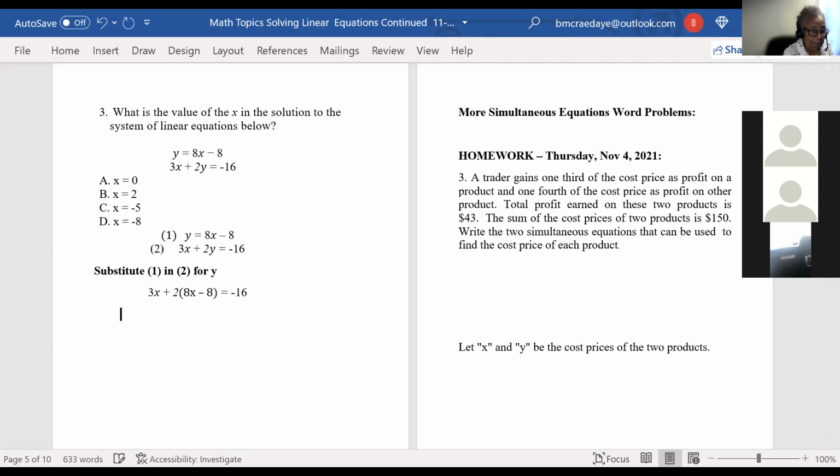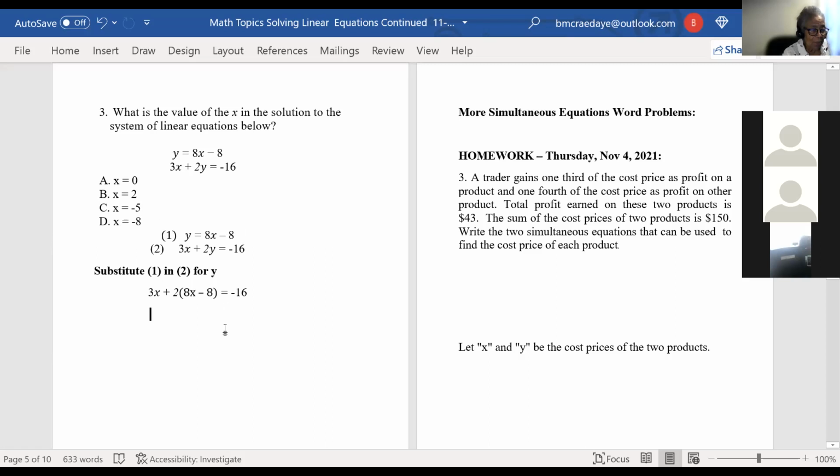What's in parentheses? So this becomes 3x. Where did you get 2 from, Miss Barbara? I substituted the number 1 equation, y equal 8x minus 8. So instead of 2y, this becomes 2 times what y is equal to, 8x minus 8.